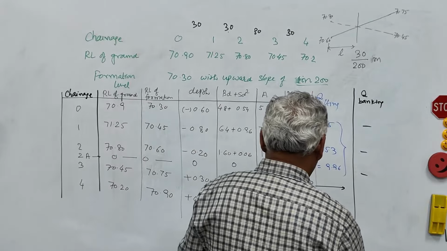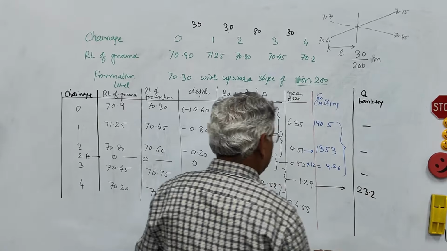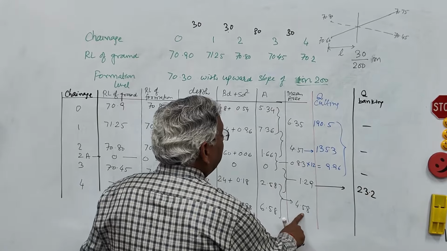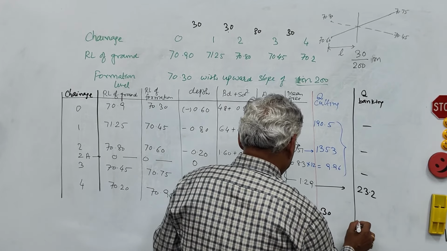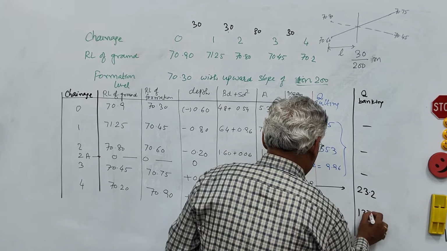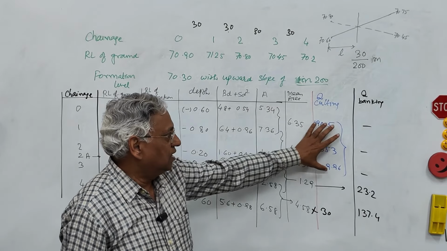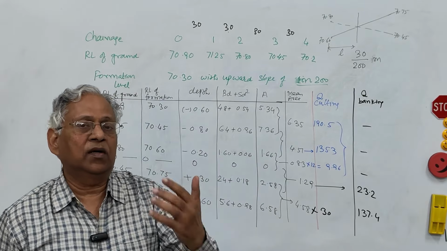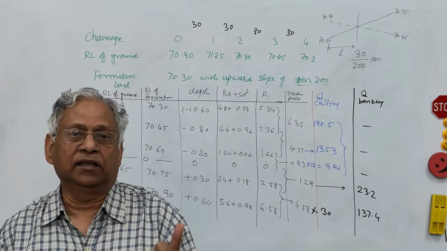So that value is now 23.2 cubic meter. 4.58 multiplied by 30, that is 137.4. So the total of these three values is earthwork in cutting and the total of these two values is earthwork in banking.